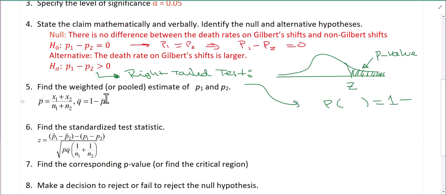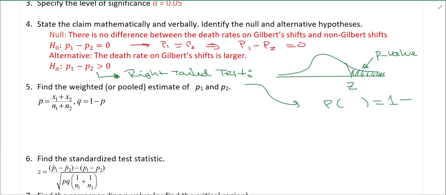All right, so let's go, and we need to find our standardized statistic, or z-score, but in order to do that, we need this step first. We want to find the pool estimate for P1 and P2. So let's define a little bit here what things are. x1 and x2 are the numbers on each of the shifts. So x1 is essentially the number of deaths while Gilbert was working.